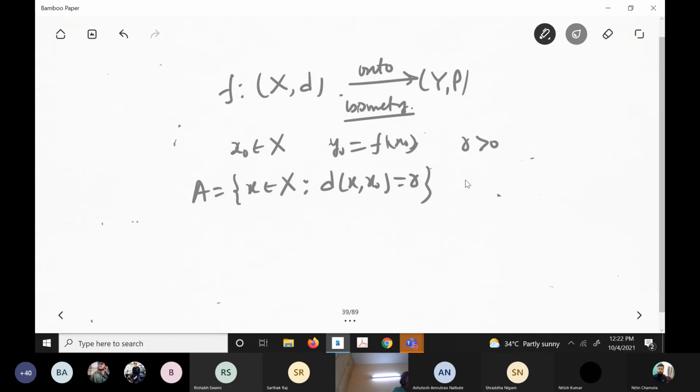And B you take in Y such that rho of y, y naught equals r. Now we can show that since this is an isometry, this map will go to this, that means FA will be equal to B.